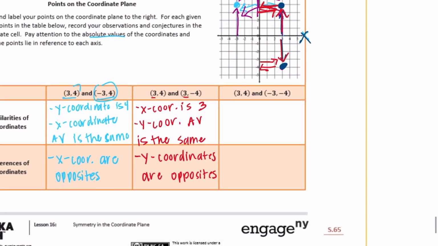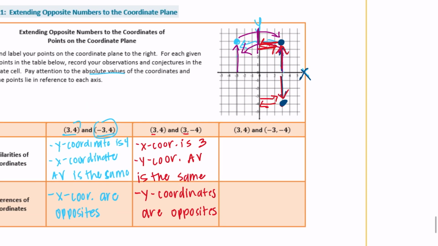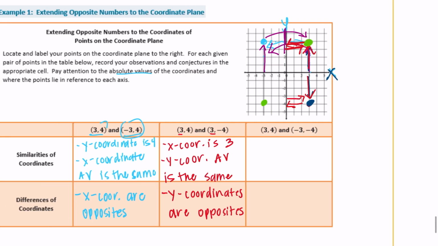Okay, and the last one, let's do 3, 4 again. So there's 3, 4, and this time negative 3, negative 4. So negative 3, negative 4 is here. Okay, so similarities of coordinates. Well, they don't have the same coordinates, but both the x and y coordinates have the same absolute value.